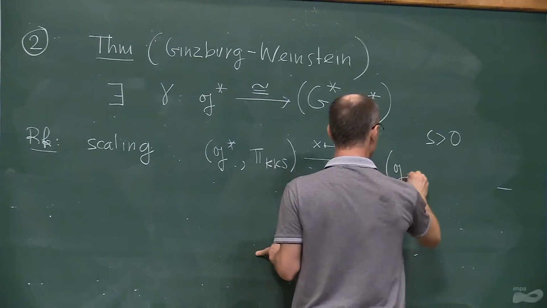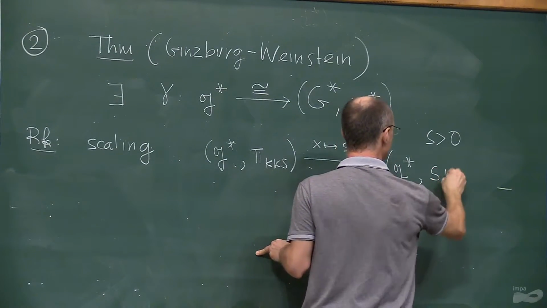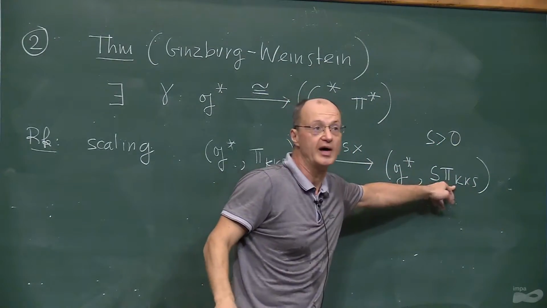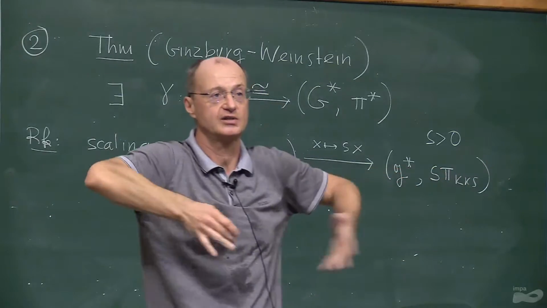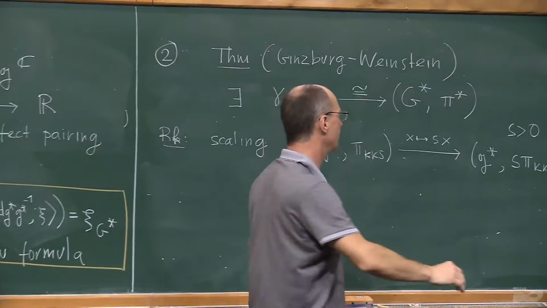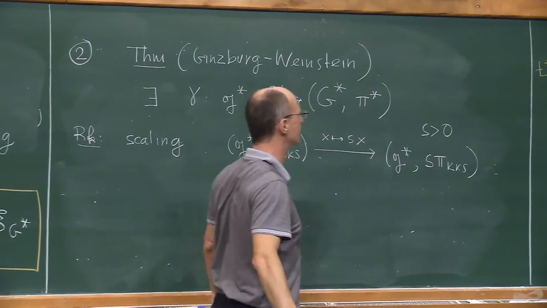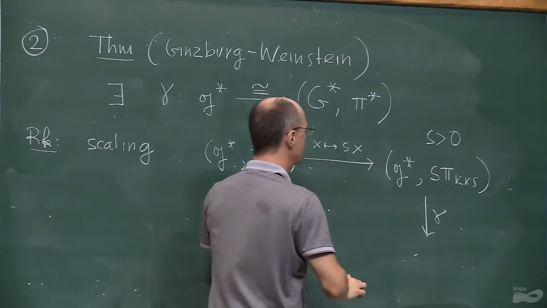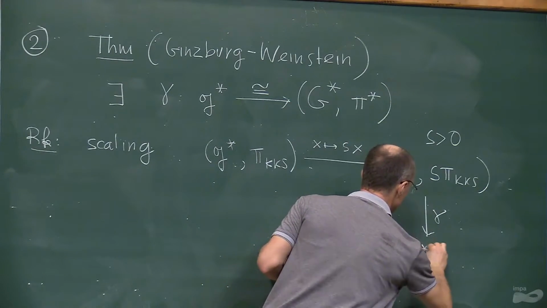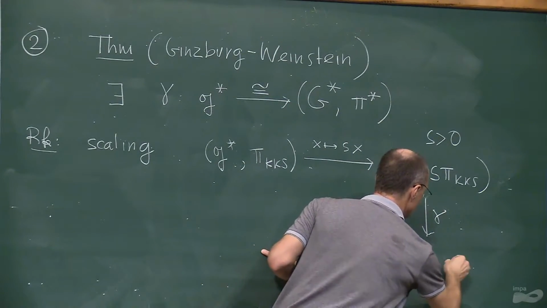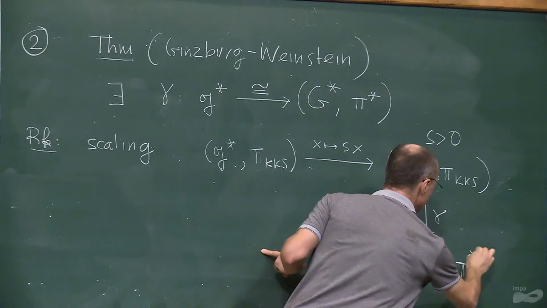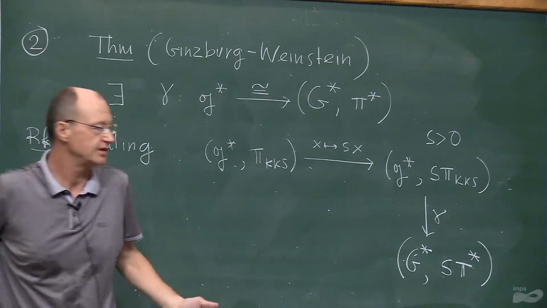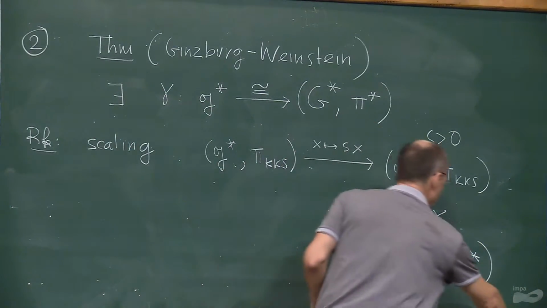And this will establish for you a Poisson isomorphism with a multiple of pi KKS. That's obvious, right? You just scale coordinates, you get a multiple of pi KKS. Now, if we continue with gamma, we obtain G star with a multiple of this Poisson bracket, right? Naturally. So let's denote this composition.